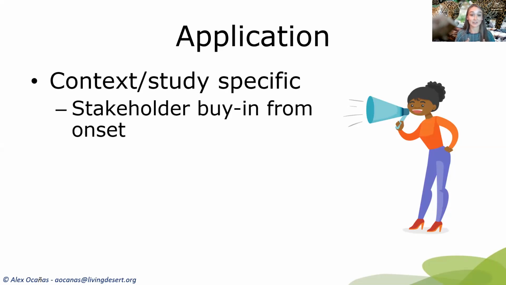For the most part, you're dealing with relatively small sample sizes in a very specific context, a very specific study sample or environment. So you're going to come out with a very rich amount of information about that context, and whoever is operating in it is probably going to have some sort of use for it.